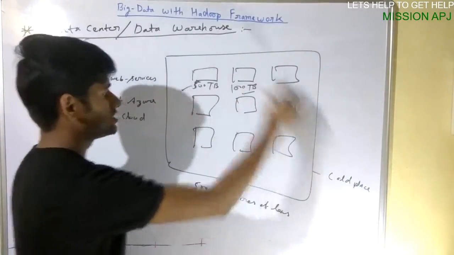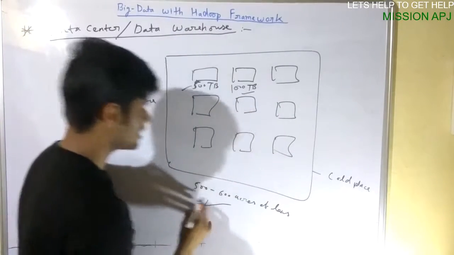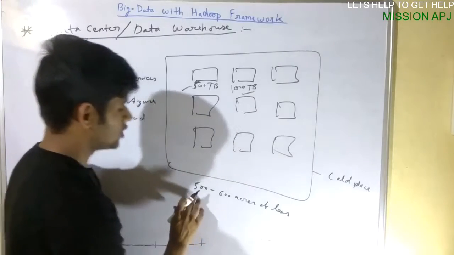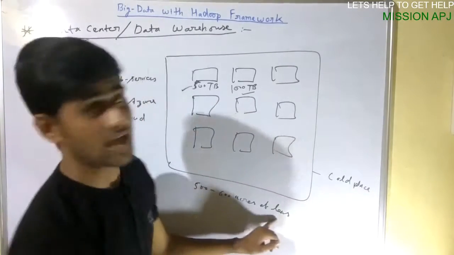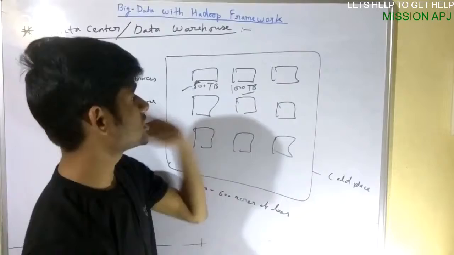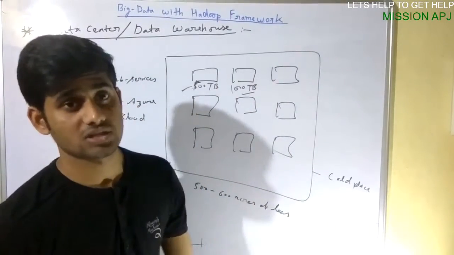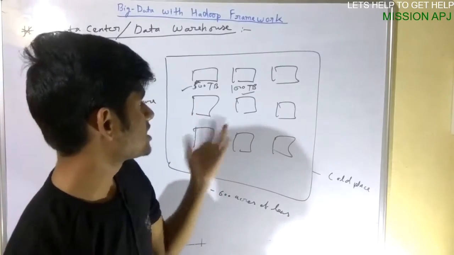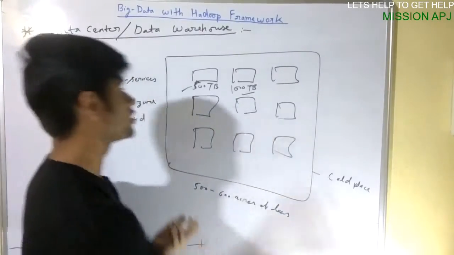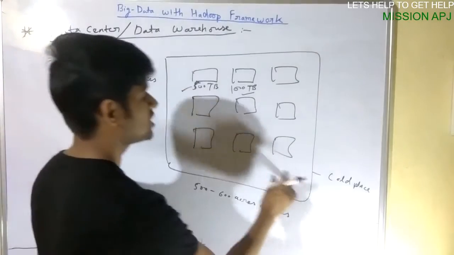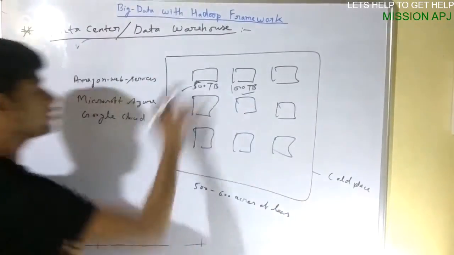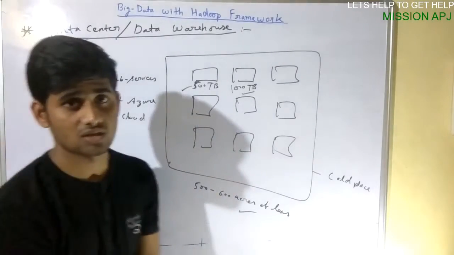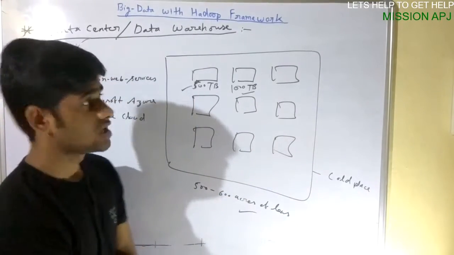You can get the idea: 500 to 600 acres of land which is only used for storing data. How much data is going to be stored? Billions and millions of records, terabytes or petabytes of data. So lots of hard disks are needed here. And who is the owner of this land? It requires huge money to keep that data.